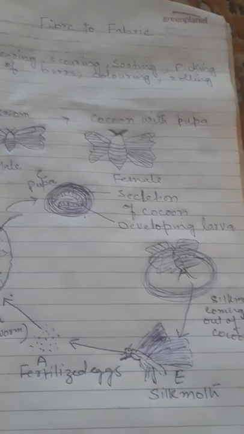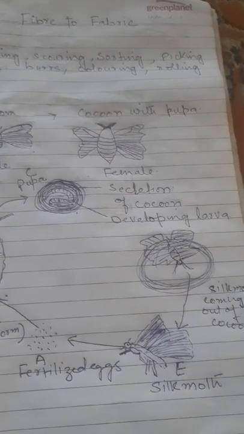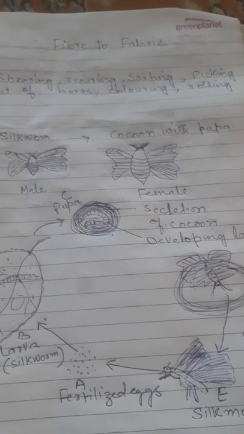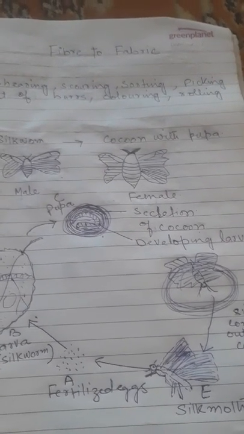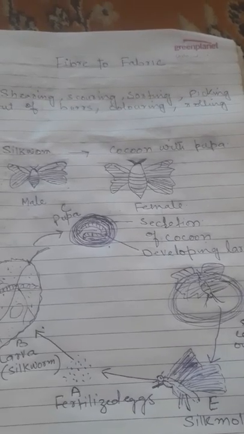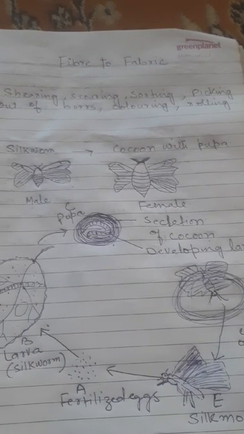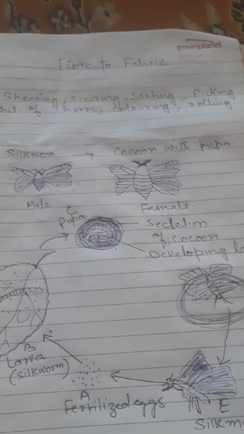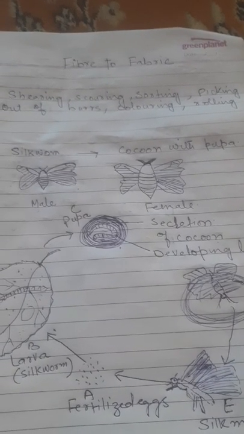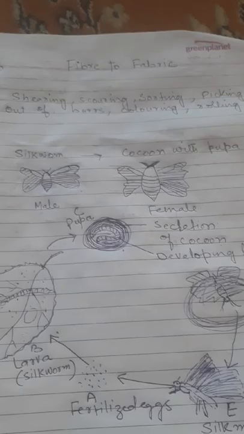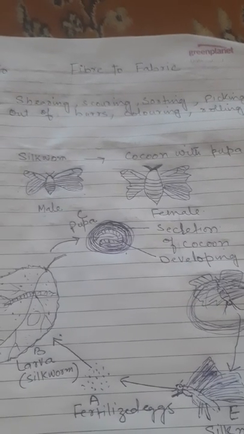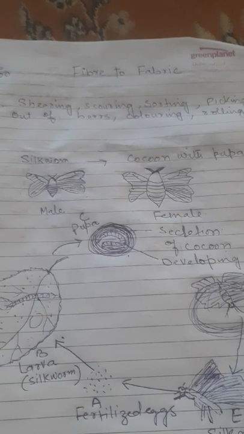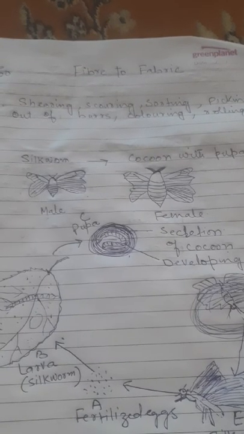Then question number 7: the proper sequence of life cycle of silkworms is. How does the life cycle of a silkworm start? The options are: A, egg to pupa, pupa gives caterpillar. Option B, pupa gives egg, eggs give caterpillar. Option C, eggs give caterpillar, caterpillar gives pupa.